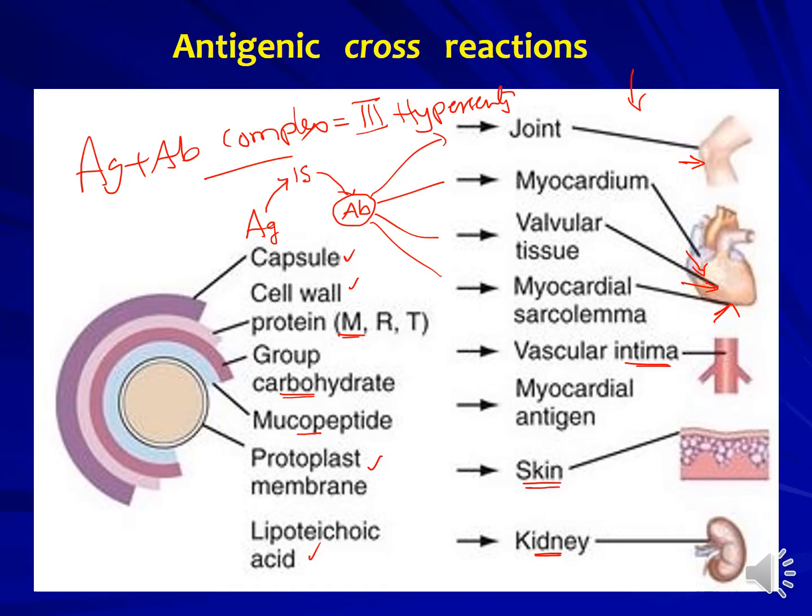So the antibodies produced against the bacterial components will react with the synovial membrane, cardiac cells, valvular tissues of the heart, and also the skin cells and kidney cells as their counterpart antigens, and produce antigen antibody complexes and initiate type 3 hypersensitivity reactions.